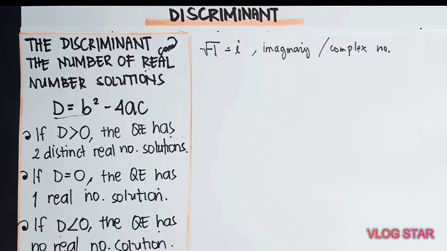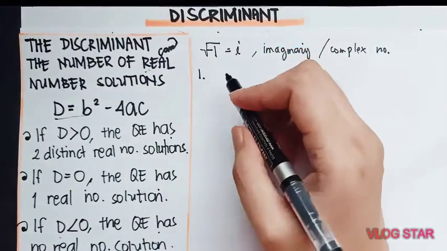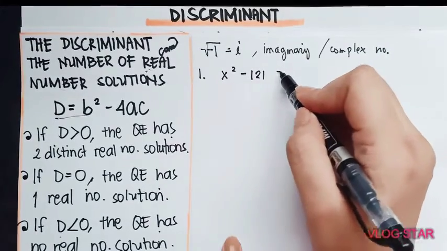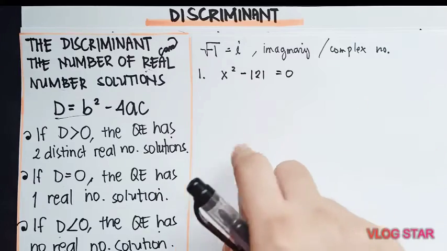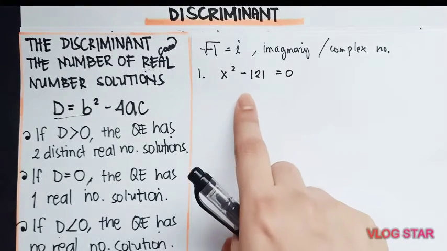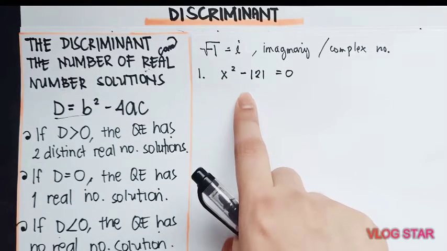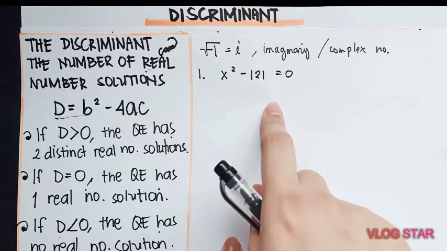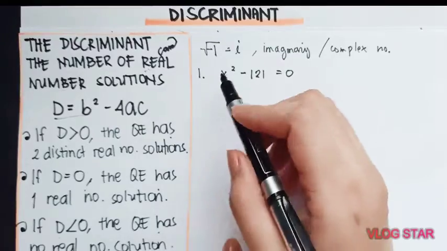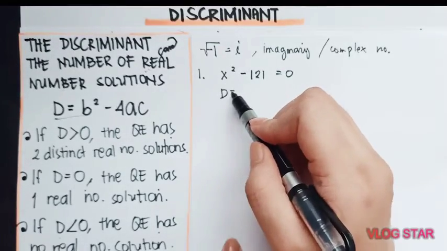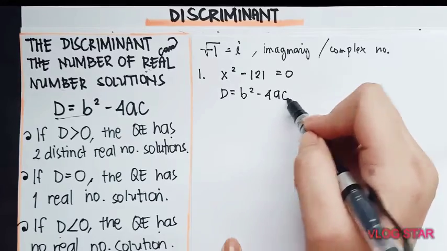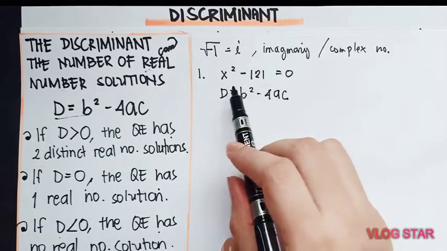Let us have examples. Let's have an example we had before. For example, we have x squared minus 121 equals 0. So let us identify if this equation has real number solutions and how many. Again, we will be using the formula for the discriminant, which is b squared minus 4ac. Let's identify a, b, and c here.